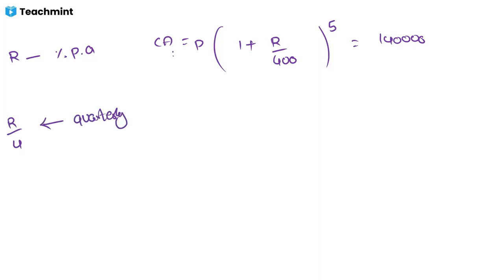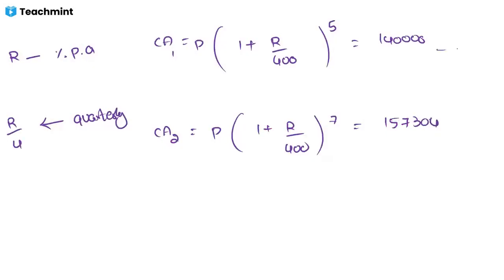Okay, that's one scenario. They give one more compound interest for after 21 months. Whole power 7 is 1,57,304, sorry. Okay, let's take this as equation 1, this as equation 2. Divide equation 2 by equation 1. P and P get cancelled.